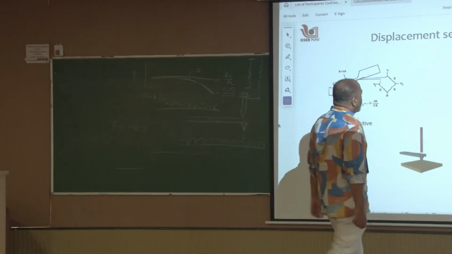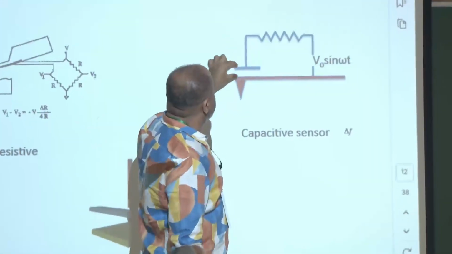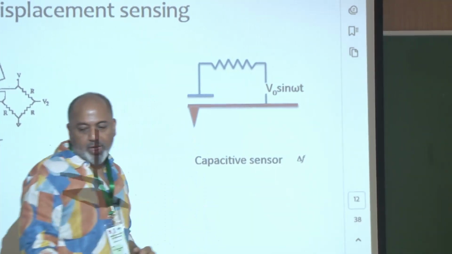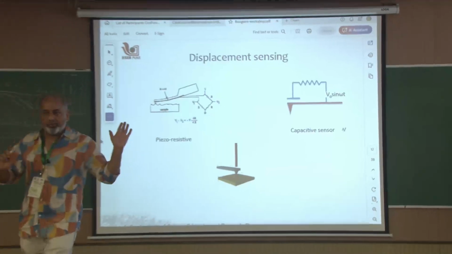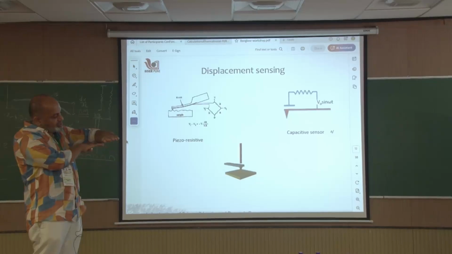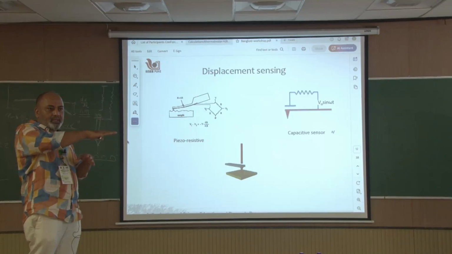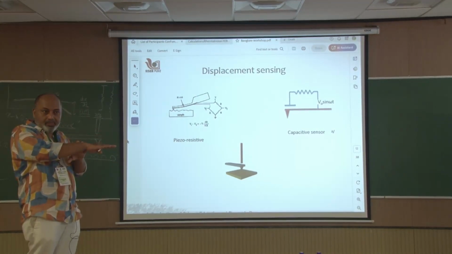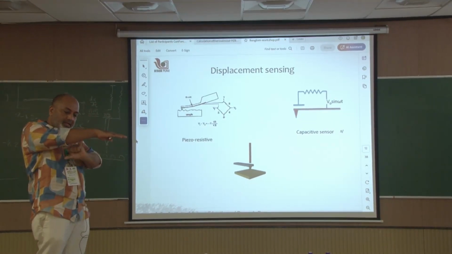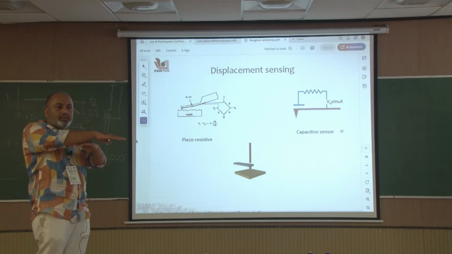So the idea here is that now you have a resistor and a capacitor, so it's an RC network. This is a cantilever surface, and you have a plate on top. With the engineering technology that we talked about, you could create one layer that becomes a cantilever, and you can etch out the part in between, and the top part becomes another thing, but not floppy, rigidly held with the top object, and this guy is a cantilever which bends down, and that changes the distance between the two.